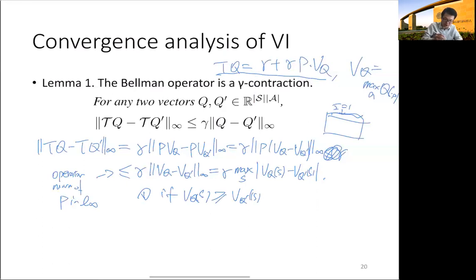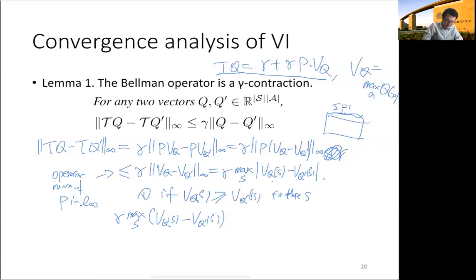So we'll discuss this case first, then gamma max, for those S. For each S they might not satisfy the same ordering, but for each S we can discuss whether this one is larger or that one is larger, right? So under this condition, we can get VQ of S minus VQ prime of S, right?